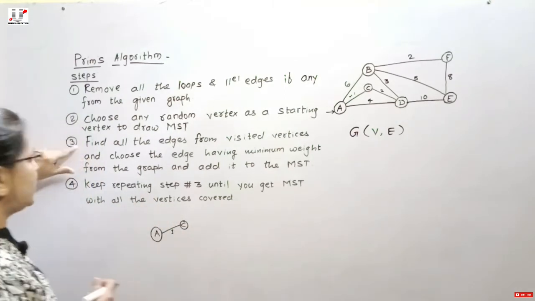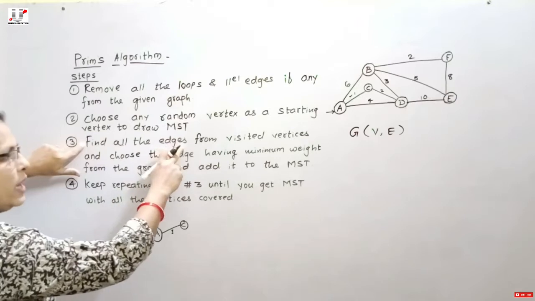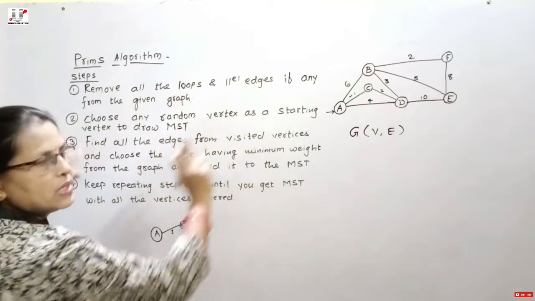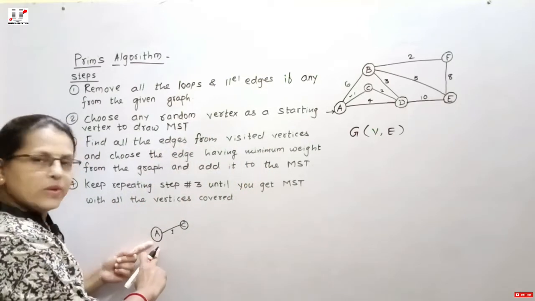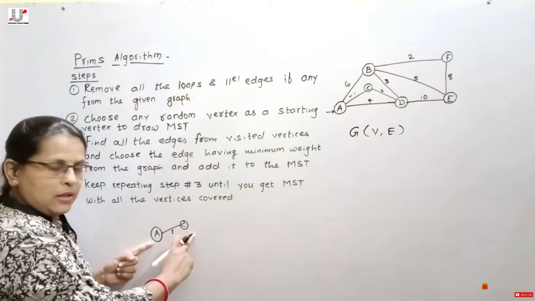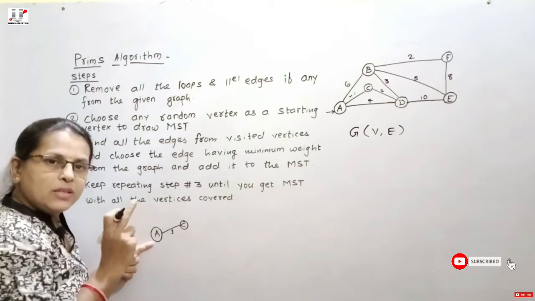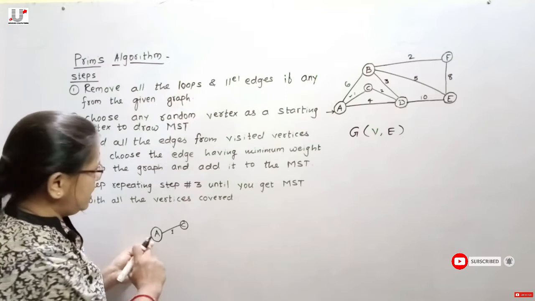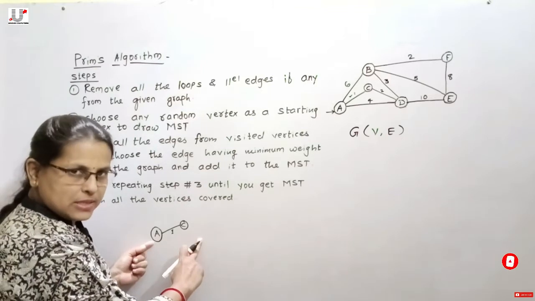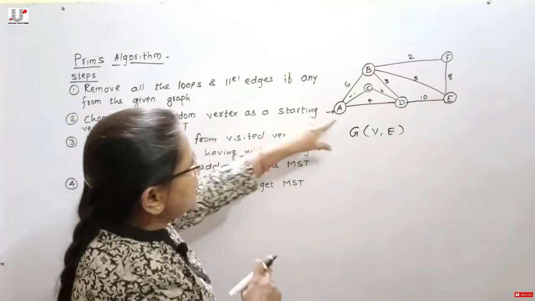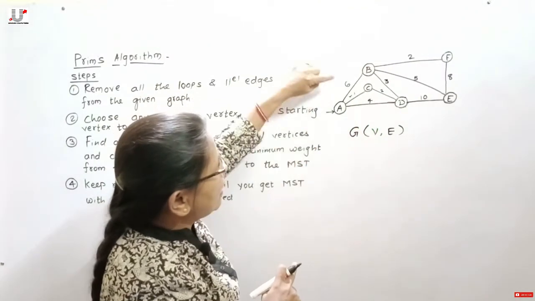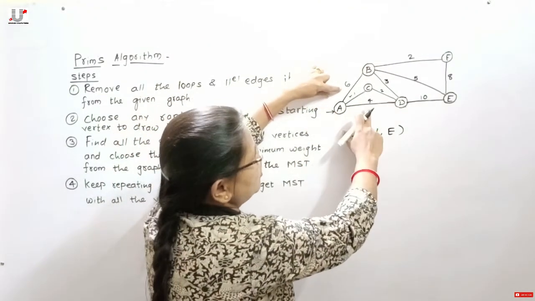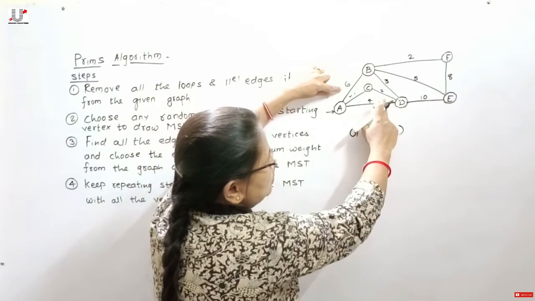Next, step number 3, find all the edges from visited vertices, as we visited A and C. Now we have to find all the outgoing or incident edges of A as well as C. So the outgoing edges of A and C are 6, 4, 2.